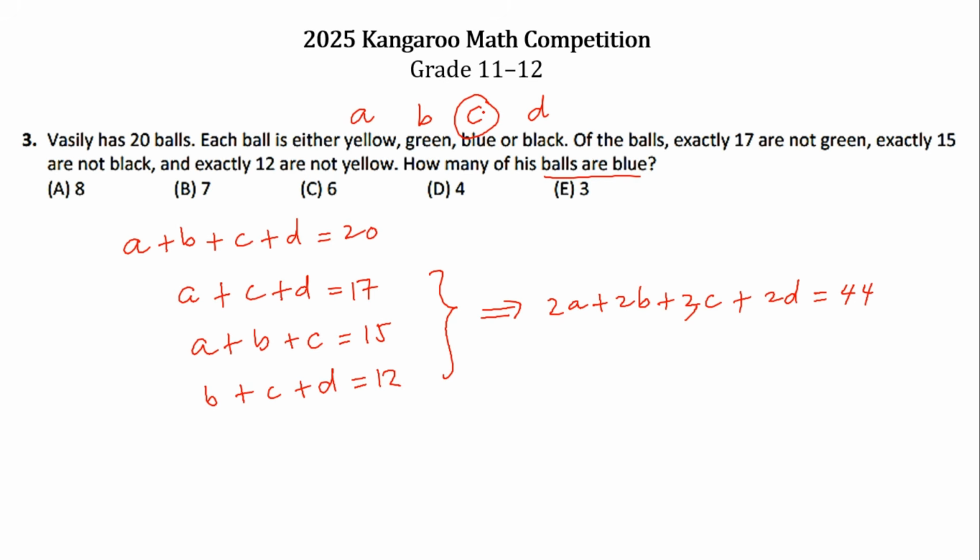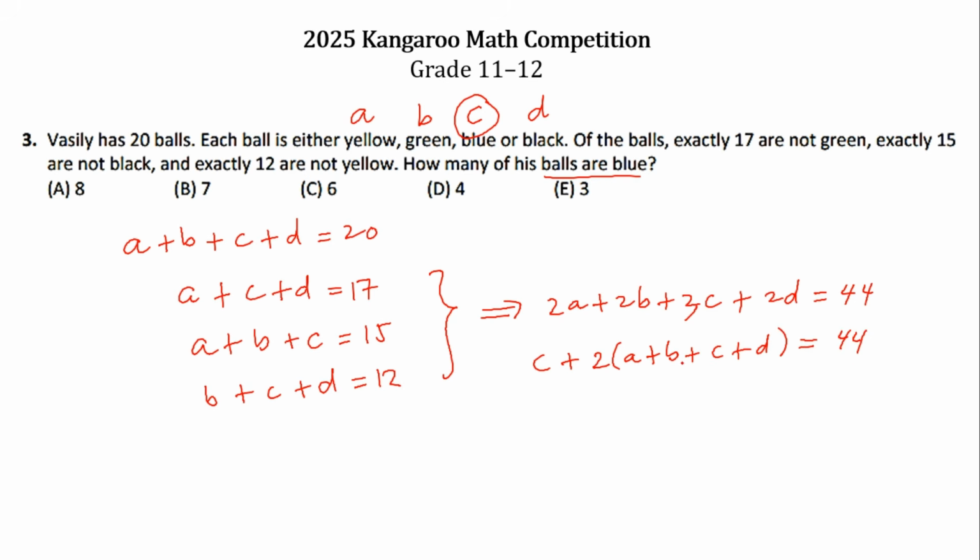Now take note that we want the number of blue balls, so we are finding the value of C. Now take note that there are 3 copies of C, and if I split 3C into C plus 2C and then group the remaining terms 2A, 2B, 2C, and 2D and factor out 2, we will have C plus 2 times A plus B plus C plus D equals 44.